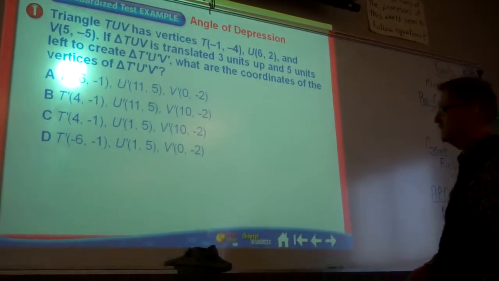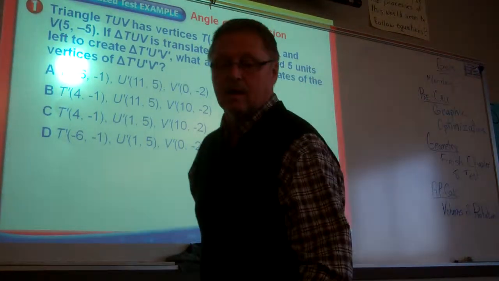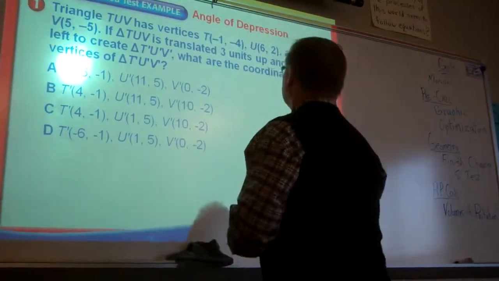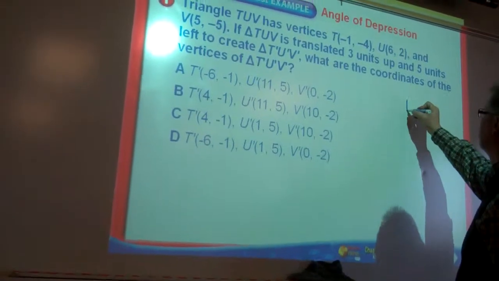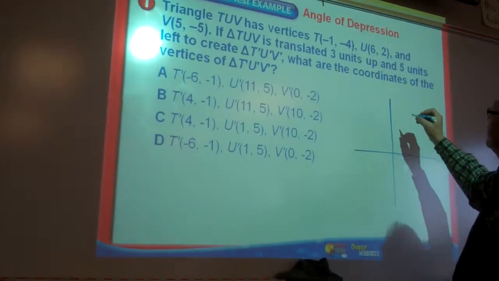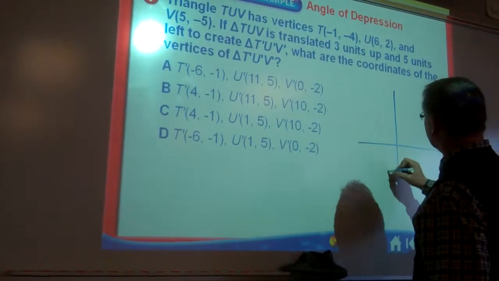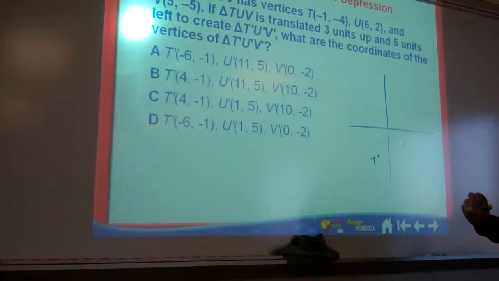little translation here. They gave us a bunch of coordinates, and we're going to try to do this. I'll do it right here. TUV has the coordinates, and I'll make a little rough sketch of a graph. T is at -1, -4. Let's pretend that that is there.